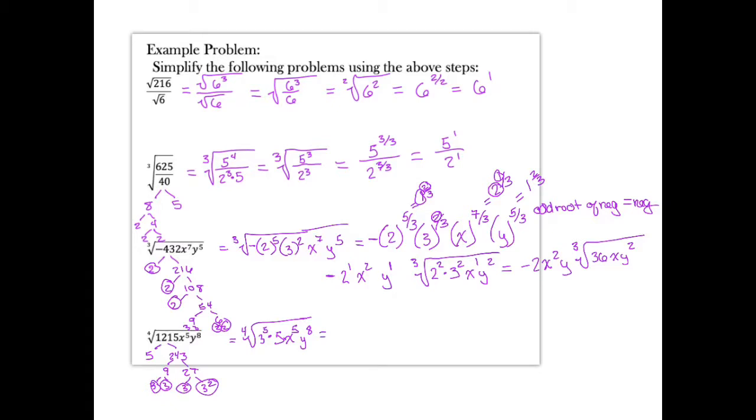So this means that what we're going to have here is we got to divide these out. So 3 to the 5 divided by 4. We automatically know that this is 1, so 1 divided by 4, so it's still going to be the fourth root of 5. Then we have x to the 5 divided by 4 and y to the 8 divided by 4.